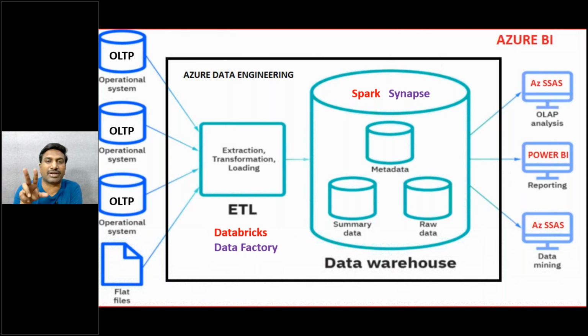So total two different items: 2 into 2, 4. Two ETL, two warehouse. One open source, one Microsoft for ETL. Open source, Microsoft cloud components for warehouse. Total 2 into 2, 4 combinations we need to learn for our project. That is our actual course.